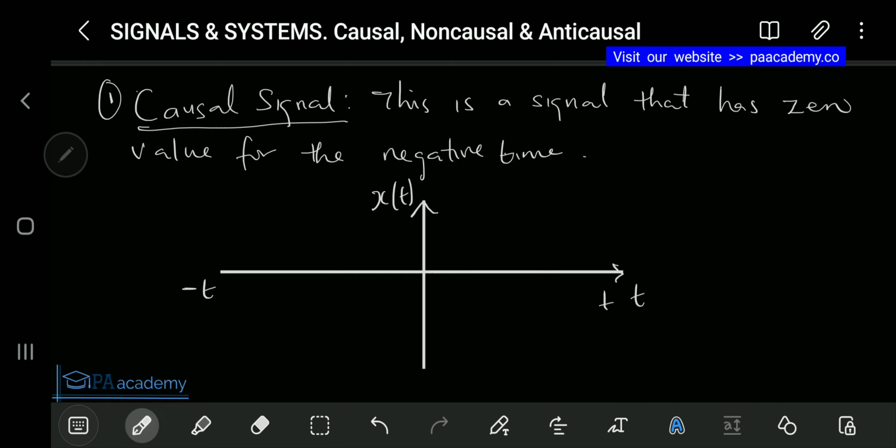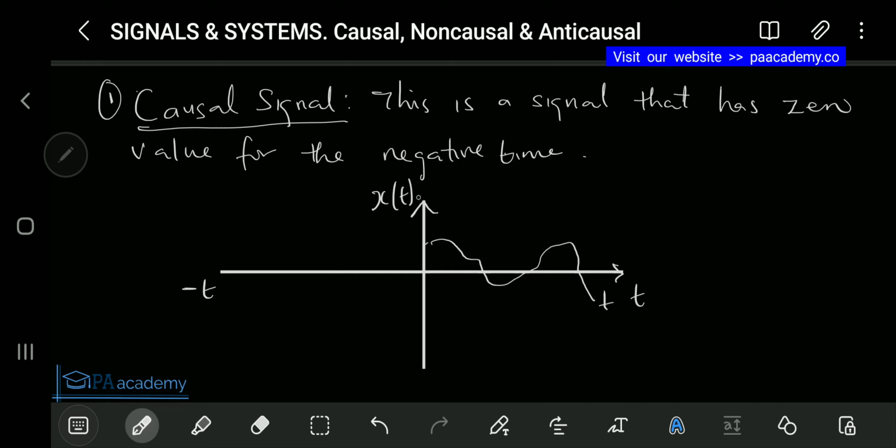If you have to draw a diagram to represent a causal signal, you draw your four cardinal points, indicate your x of t, and then indicate your t, the positive and negative sides of it. So you can have something like this. Let's take this to be our signal. You can see that this signal is on the right side, the positive side of the graph.